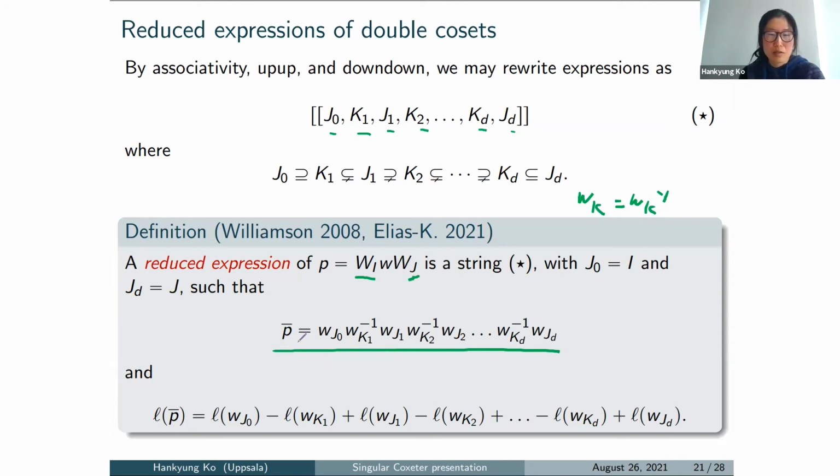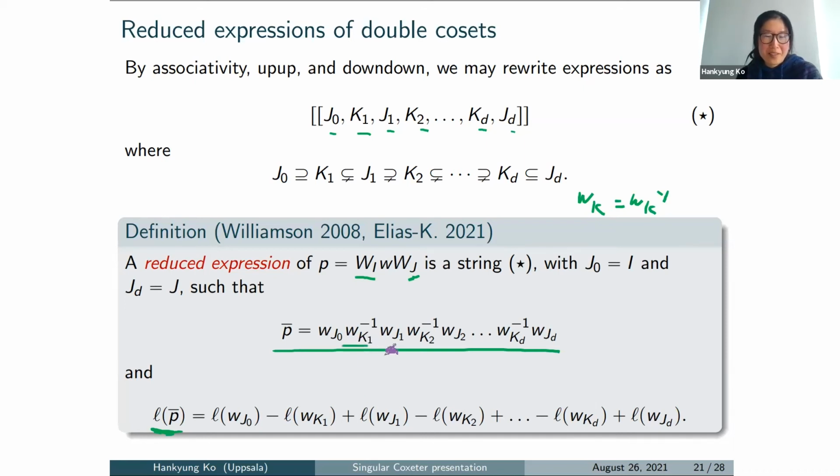It was also similar before, and we require that the lengths add. They sum to the length of this long element. Note that this length is the length in the Coxeter group, and this was an element in the Coxeter group.